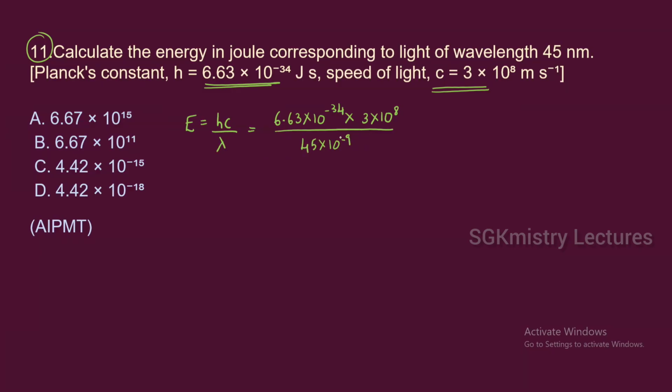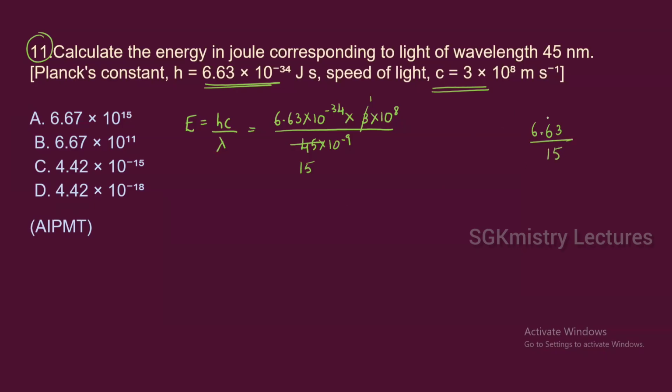Now I can do the calculation. So 3, and here I can strike it off, and I can simplify it to 1 by 15. Now we have 6.63. Again, I will take the powers, and I can simplify the calculation. 6.63 is divided by 15.